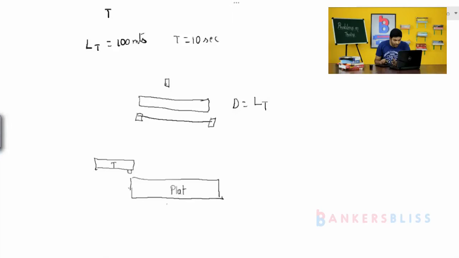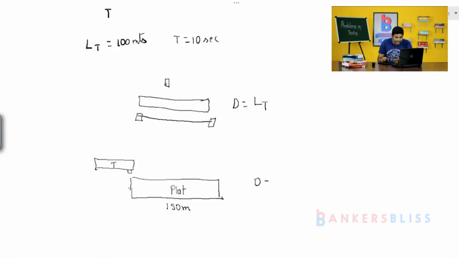In front of the pole, the entire train passes, and that will be the total distance. But here, for example, 150 meters is the length of the platform. The entire train has to cross the entire platform.